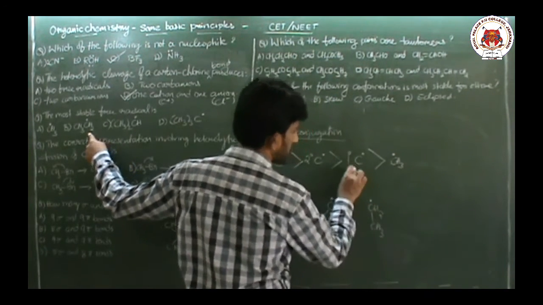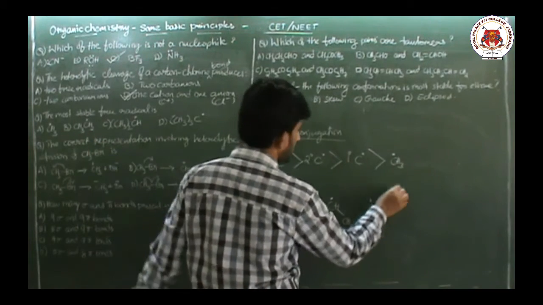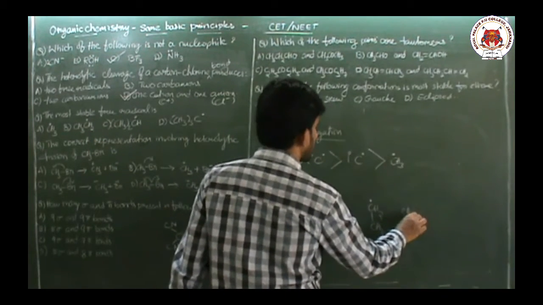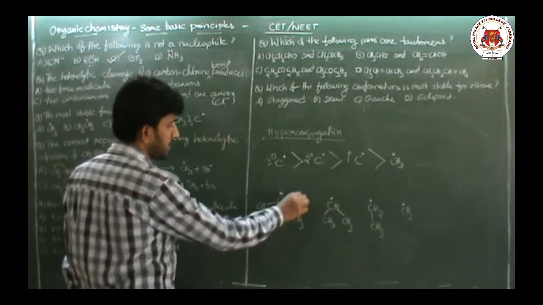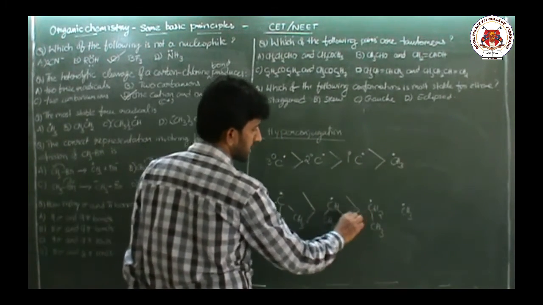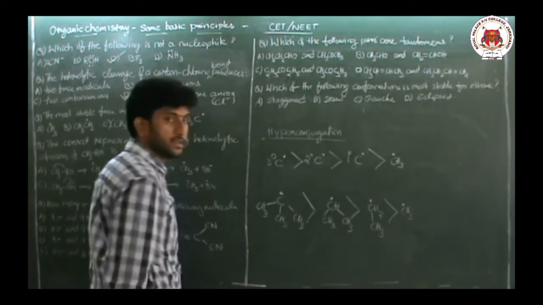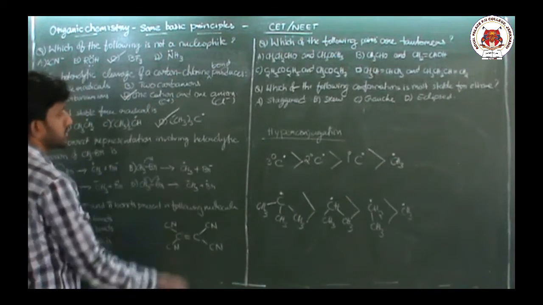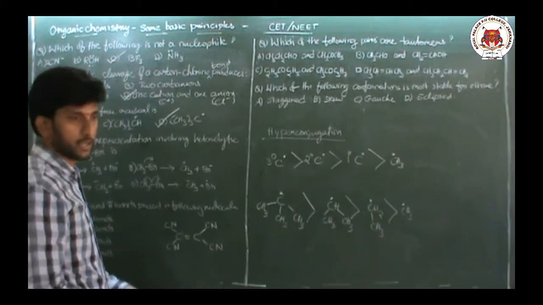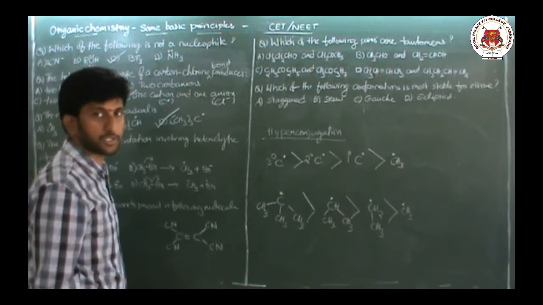So this belongs to primary free radical. And finally methyl radical. So among the given options, which is the most stable free radical? Tertiary is more stable than secondary, than primary, than methyl. So the option must be D. It is the most stable free radical due to hyperconjugation.